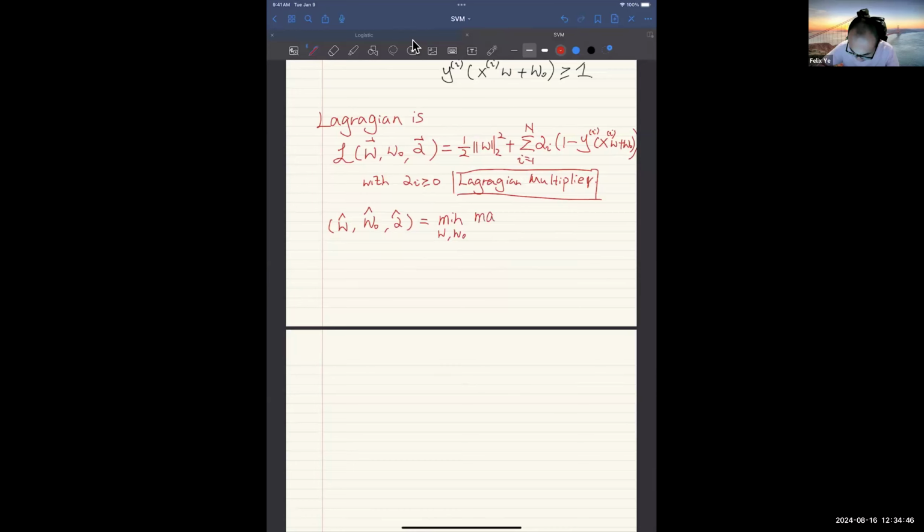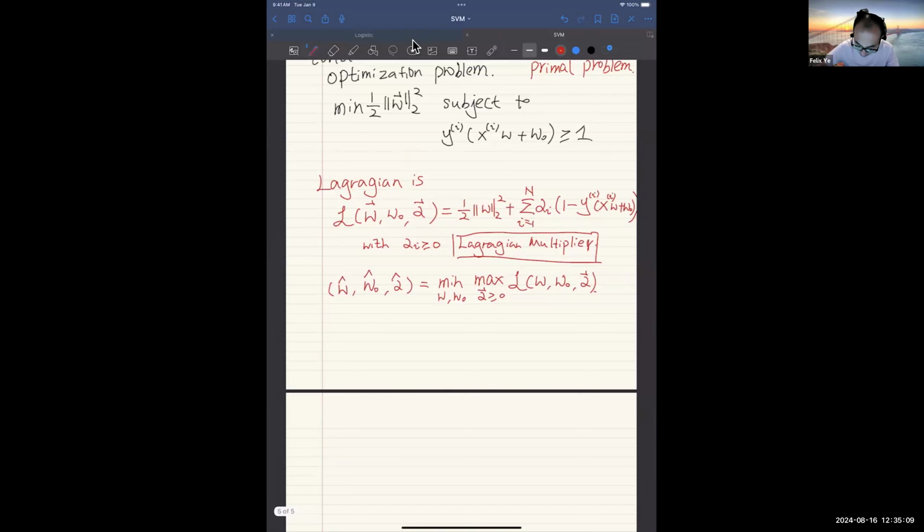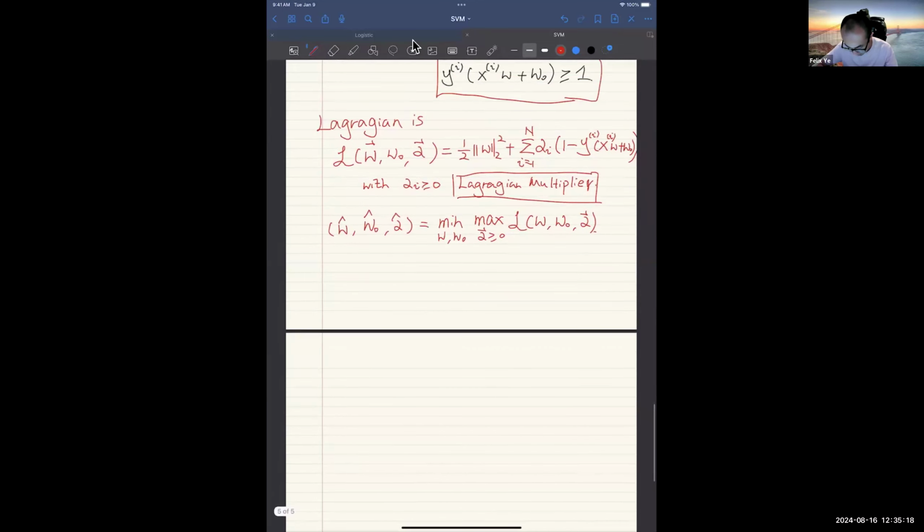And now we maximize over alpha bigger or equal than 0 of the Lagrangian. Maximizing the Lagrangian with this constraint is equivalent to satisfying the constraint in my primal problem. So this is a reformulation of the primal problem.